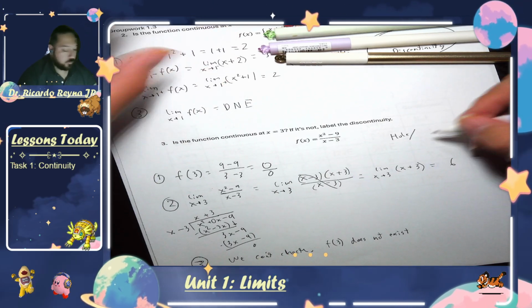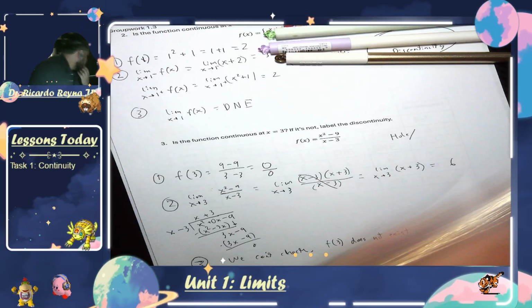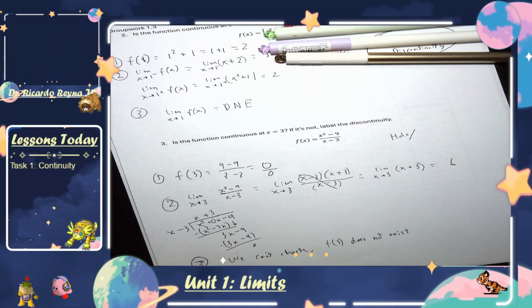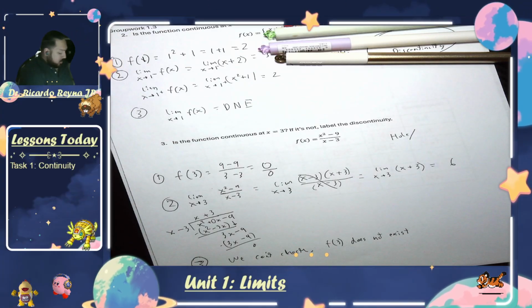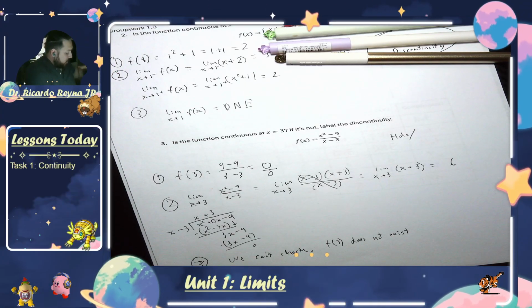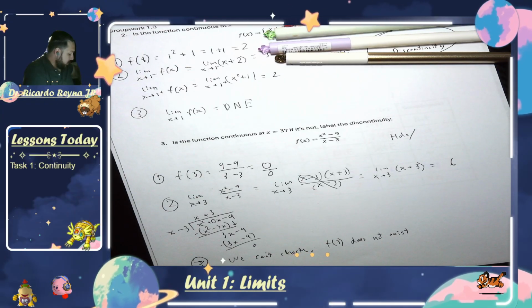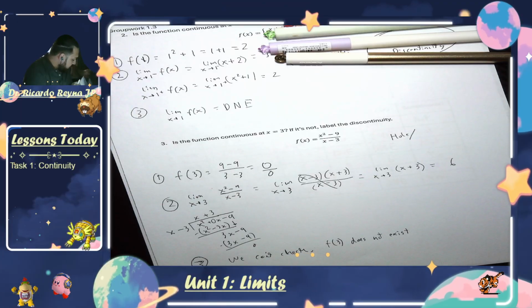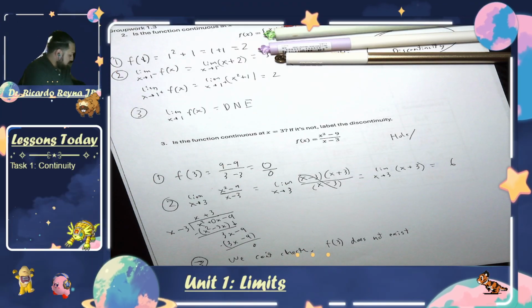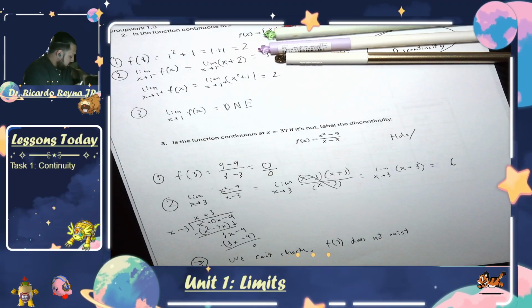Or what do we call it? We call it something else. Let me look through my notes real quick. I'm used to calling it a hole, but I believe there's versions of it in your book where they call it something else.